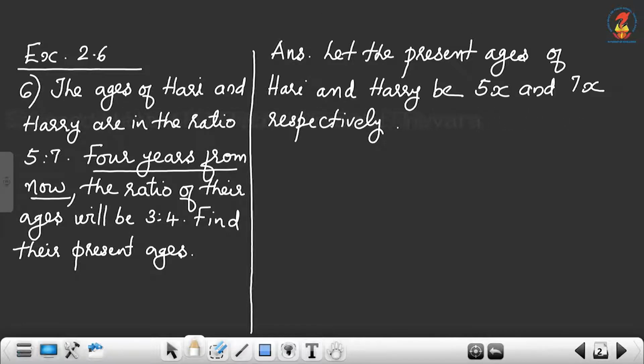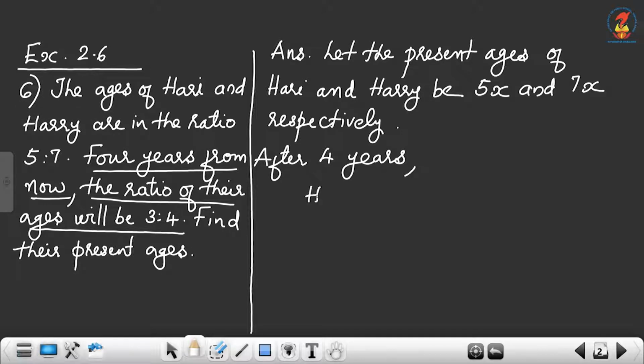So what is the meaning of that? After 4 years, the ratio of their ages will be 3:4. So we have to find what their ages will be after 4 years. So after 4 years, Hari's age: now the present age is 5x, so after 4 years, Hari's age will be 5x plus 4.